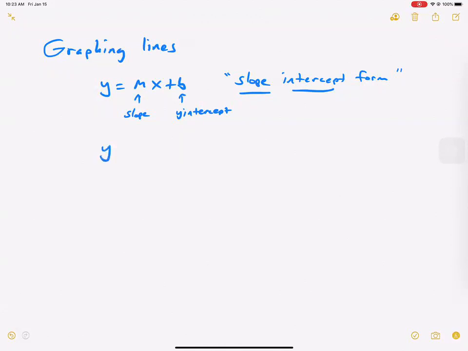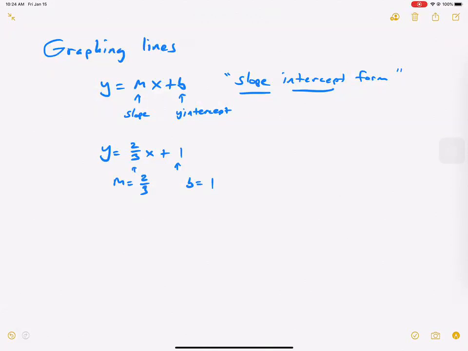Now, if I give you guys an example, y is equal to 2 over 3x, let's say plus 1. We have our slope, which is always in front of the x, and our y-intercept is going to be our constant. This is 2 over 3, and our b value is equal to 1.